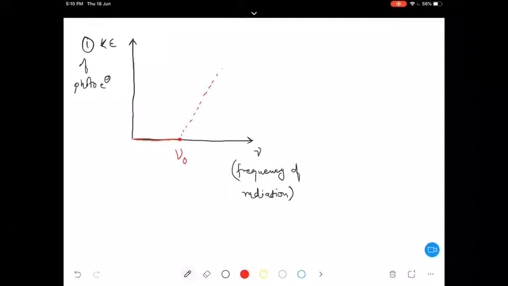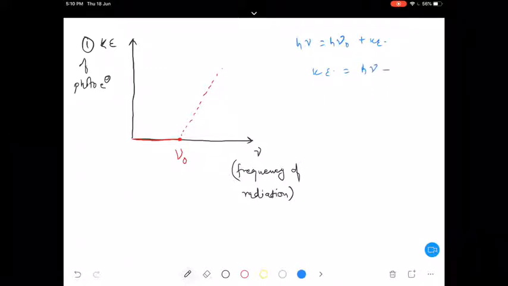Or simply, if I want to define kinetic energy here, we have defined h mu is equal to h mu naught plus kinetic energy, or this kinetic energy I can write as h mu minus h mu naught.